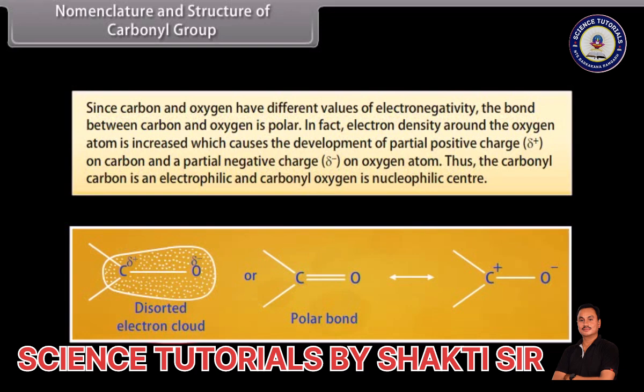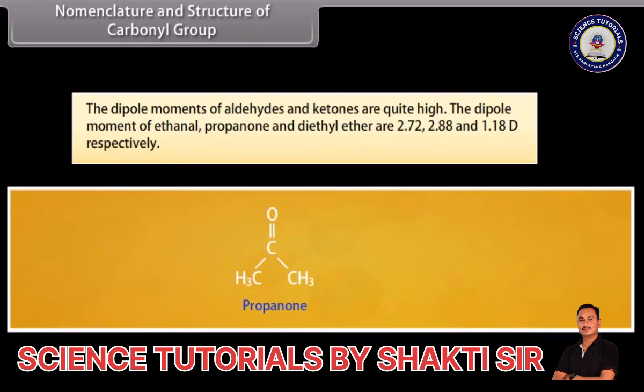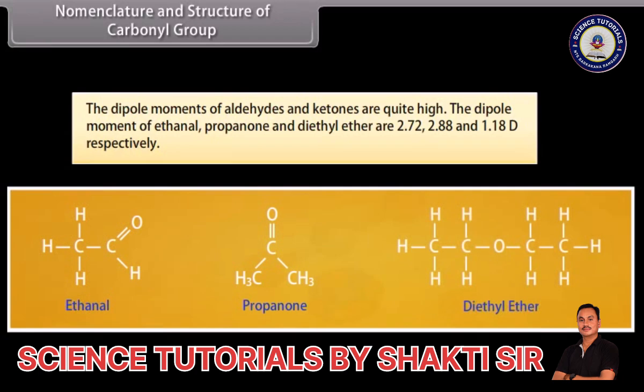Thus, the carbonyl carbon is an electrophilic and carbonyl oxygen is a nucleophilic center. The dipole moments of aldehydes and ketones are quite high. The dipole moment of ethanal, propanal, and diethyl ether are 2.72, 2.88 and 1.18 debye respectively.